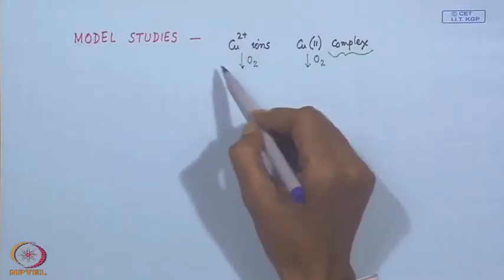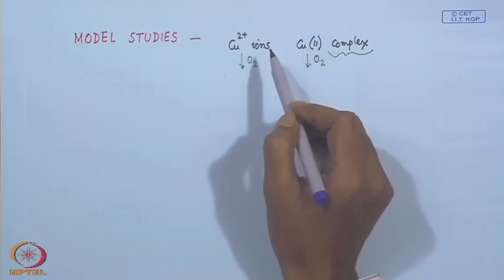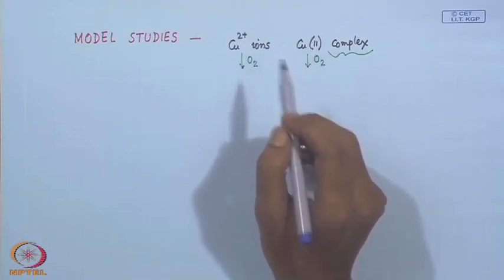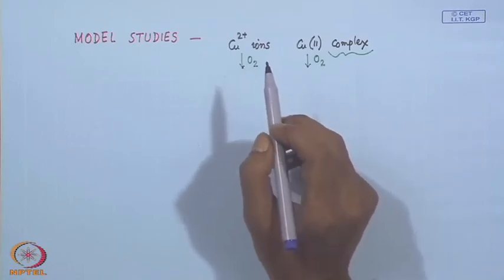Whenever we talk about a metalloenzyme, how do you know the enzymatic function? What we want to establish is that copper is playing some important role, and what is the role of the ligand part.